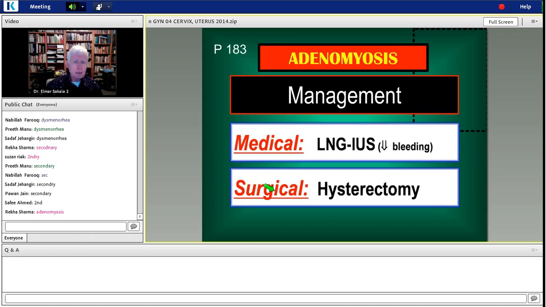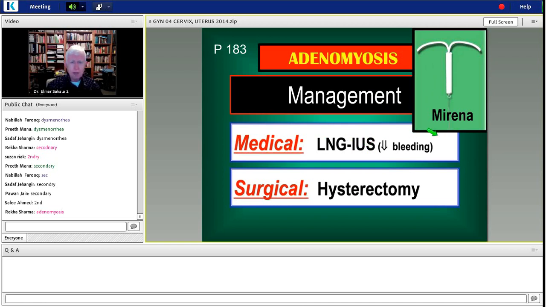But if it is largely because of increased bleeding, because of the increased area of the endometrial cavity which is covered by the endometrium, you can use a levonorgestrel intrauterine system, or IUD, called a Mirena. So medical management would be to put in this Mirena.